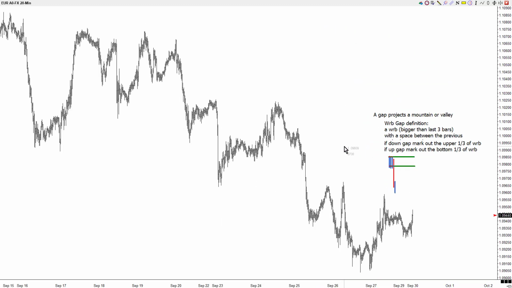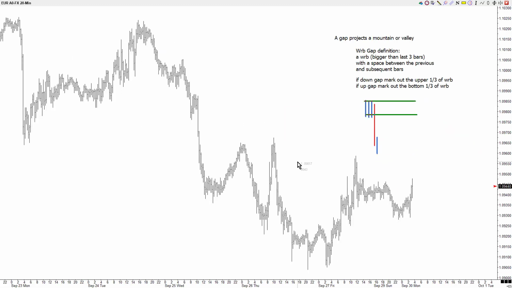And so in the previous lesson, we started with this guy, right? Wide range bar, bigger. We saw how that one unfolded. We moved on, so on and so forth. So that was a lesson in how to mark them.